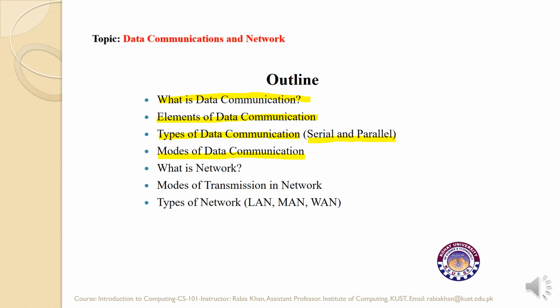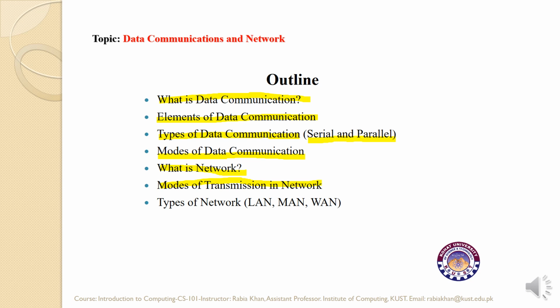After data communication, next we'll be developing our understanding with network. What is a network? How is it formed? That we are going to discuss in this chapter. Once our understanding with the topic is developed, then we are going to discuss different modes of communication that are being used in network.